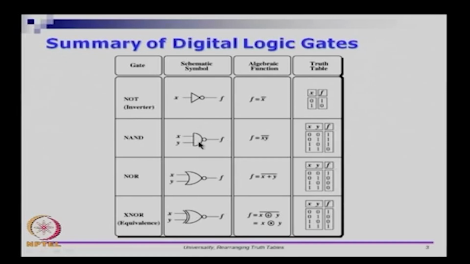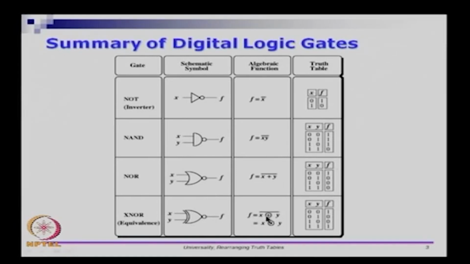Instead of a symbol which is AND followed by the inverter, typically we use the shortcut where we put a bubble. This circle is attached to the output of the gate. So it is an AND gate followed by a small bubble, which is interpreted as NAND, the logical complement of AND. Similarly, an OR gate followed by a bubble is the complement of OR, and a bubble after XOR is XNOR.